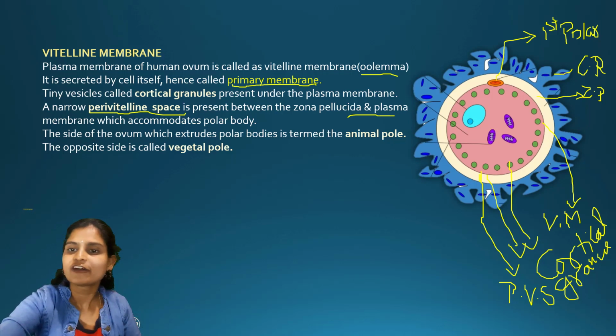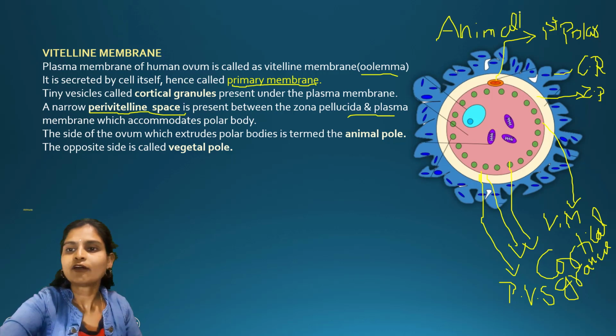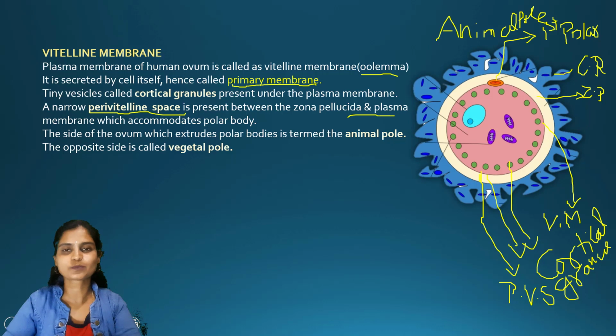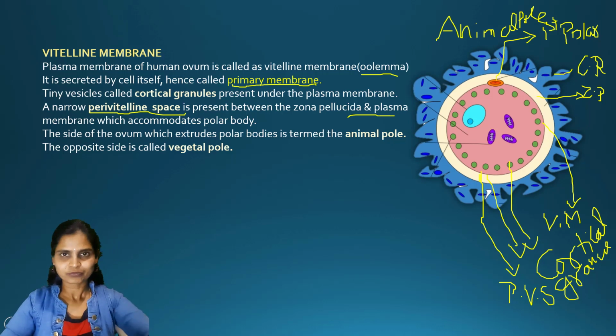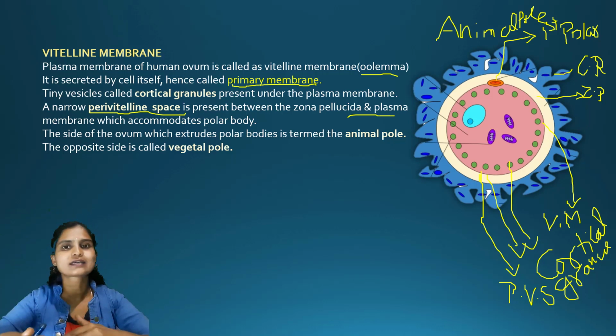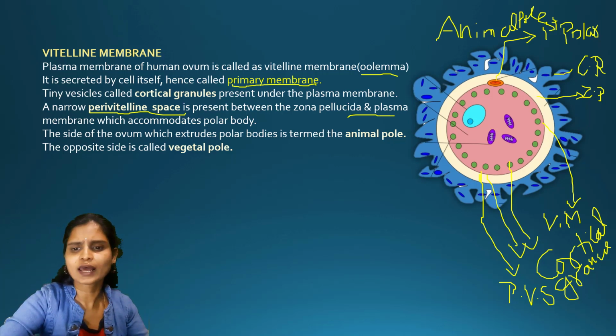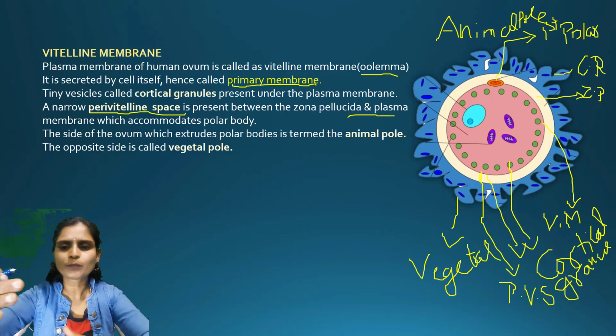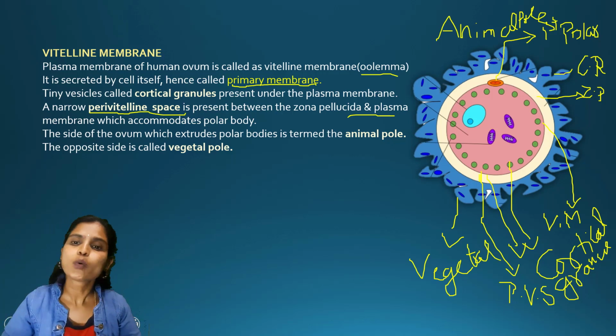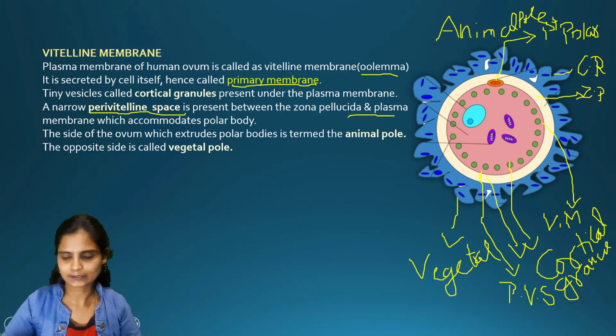Wherever the polar body is present, that region forms the animal pole. The opposite end is called the vegetal pole. So the upper part is the animal pole, and below it is the vegetal pole.